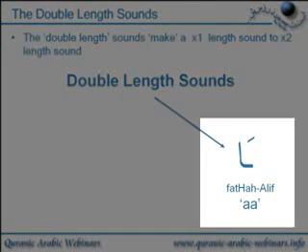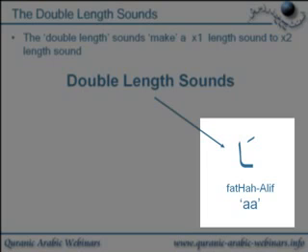Before we learnt our Arabic alphabet letters with the short sounds of Fatha, Kasra and Dhamma, and we know that they gave us the sounds of A, E, U, and all of those were very short sounds. Now the double length sounds actually make those A, E, U sounds go much longer, okay, or twice as long.